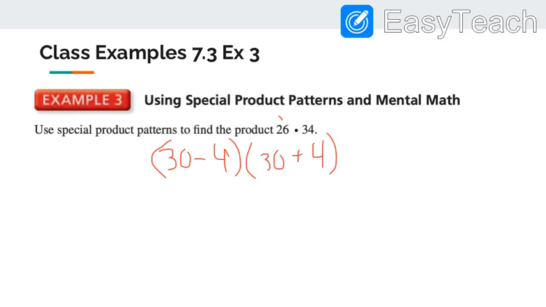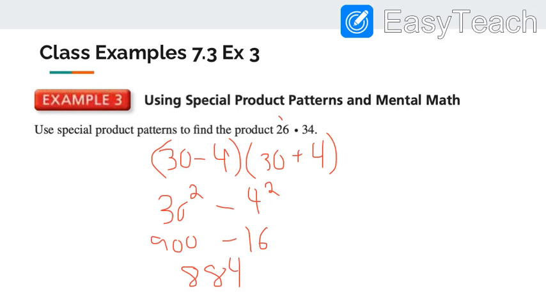Noticing that there's the same number between those two. Because we have that plus and minus, we can multiply these and we can just do the difference of squares. So we have our 30 squared minus 4 squared. Therefore this becomes 900 minus 16, and you can get 884 rather quickly.